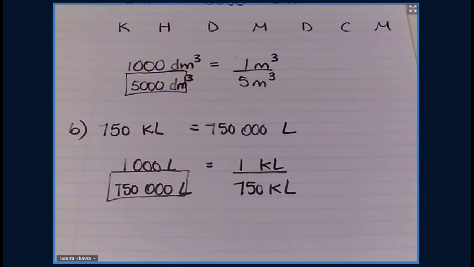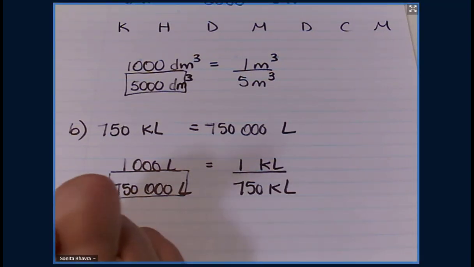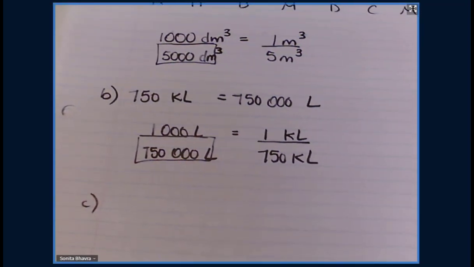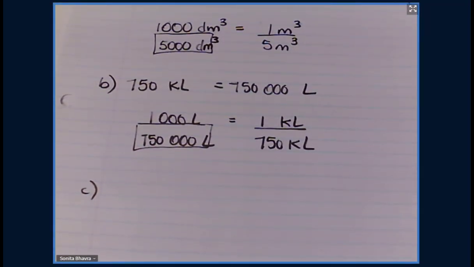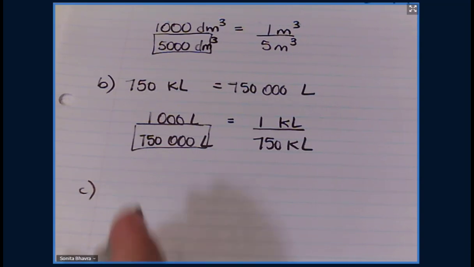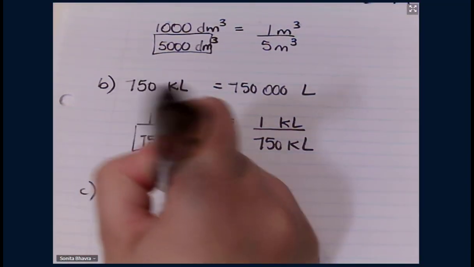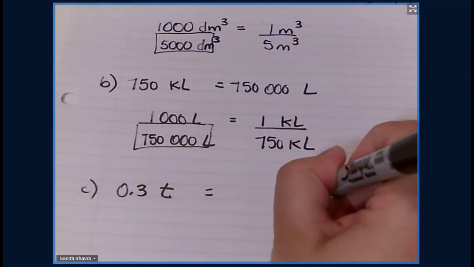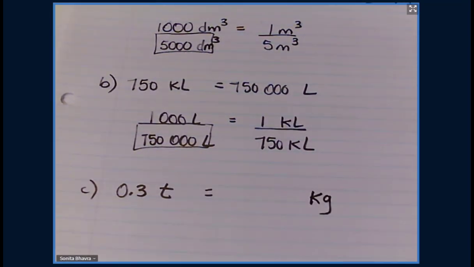Okay, and let's try one more with mass. We are given 0.3 ton is equal to how many kilograms?